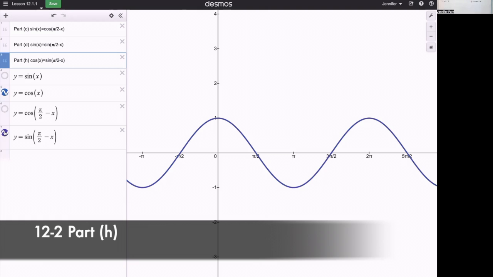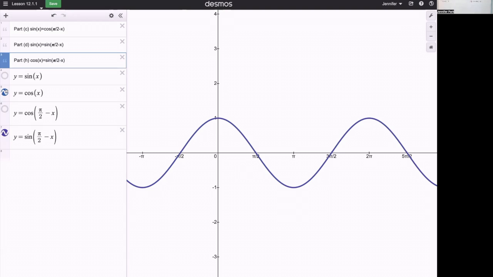So it's kind of reversed from part C. Now, the cosine graph is exactly the same as a sine graph shifted by pi over 2 radians. The cosine graph is equivalent to a sine graph shifted over by pi over 2 radians. They are exactly the same, so part H is also always true.